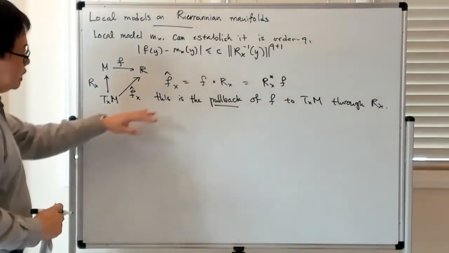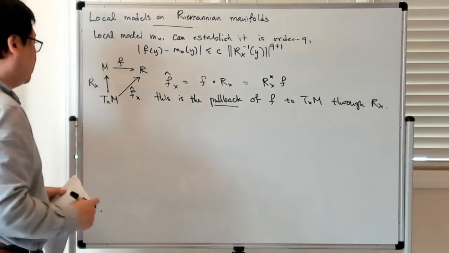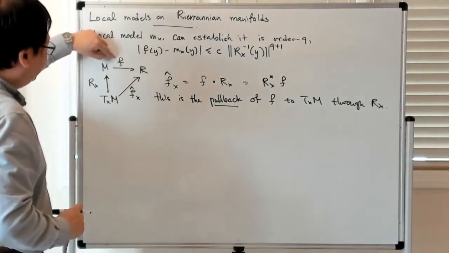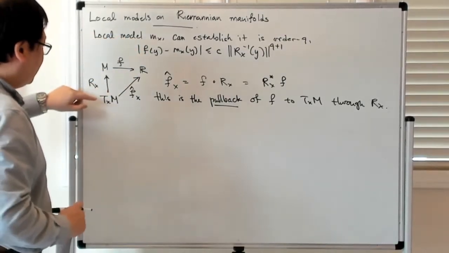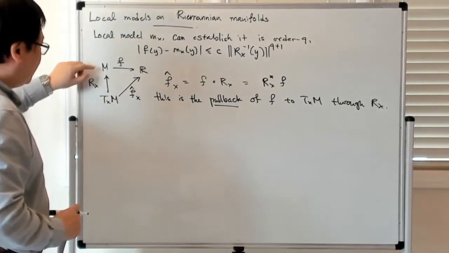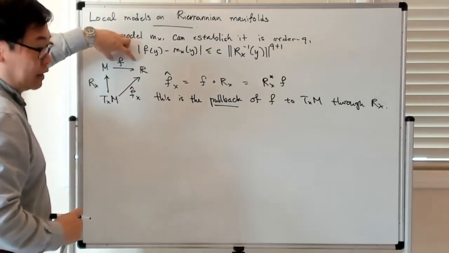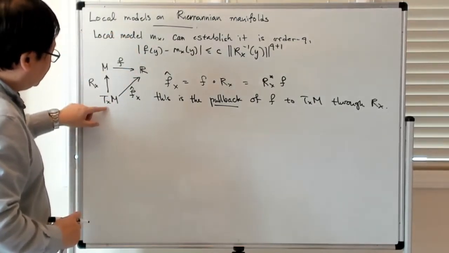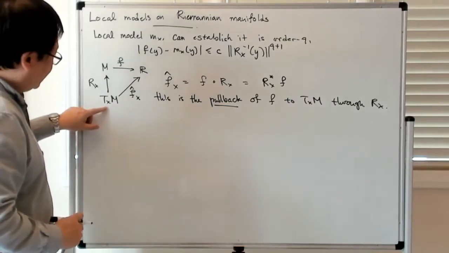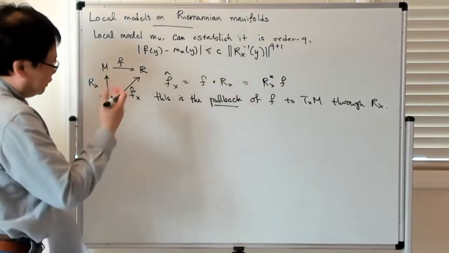Let me say a little bit about why this is called a pullback. You have the function f, which is a map from M to R, and you have a map from T_xM to M. The pullback takes this scalar valued function and pulls it back to a scalar valued function on T_xM, or more generally some sort of function.